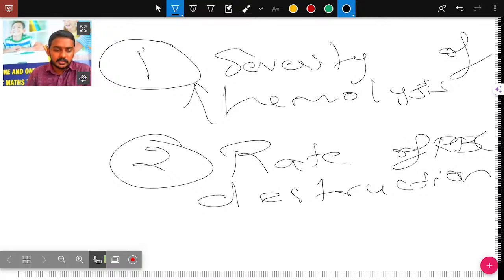Now another factor: whenever this happens, we know the destruction increases. If the destruction increases, there should be some compensatory mechanism in our body to compensate for this loss. That thing happens inside the bone marrow.